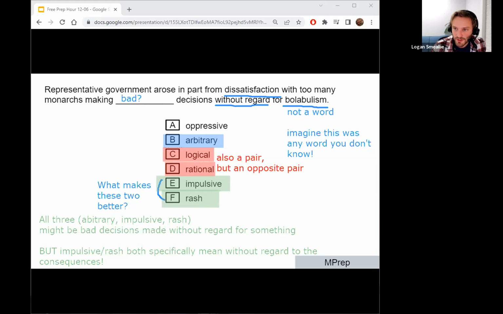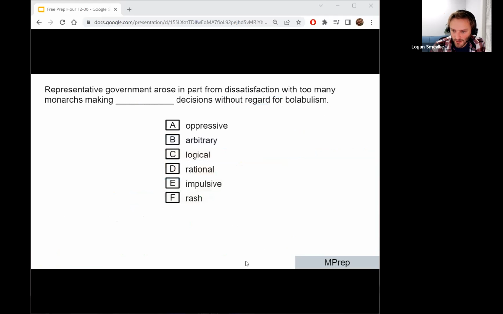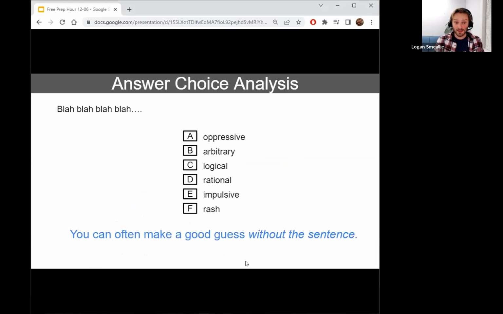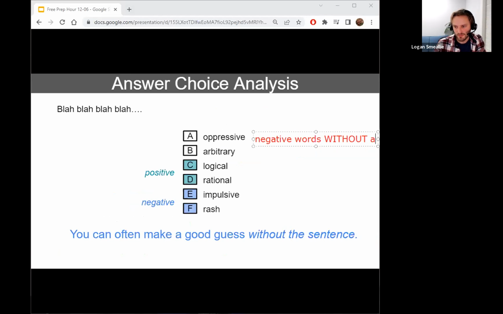If you are totally stuck, then that's where answer choice analysis can at least help you make a good guess. Because if you're looking for pairs, you're going to see a positive pair and a negative pair, and then two negative words without a pair. And at least you have to pick one of the two pairs.